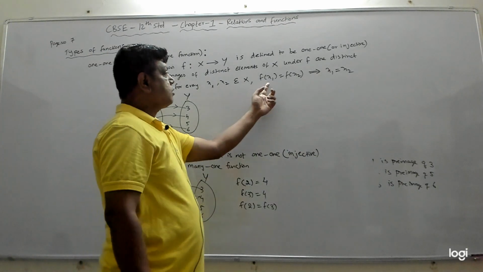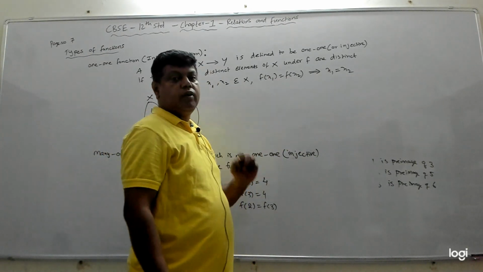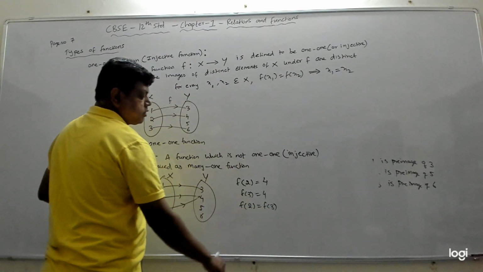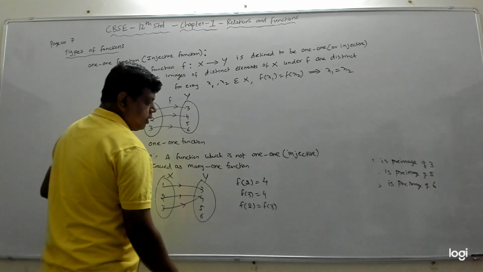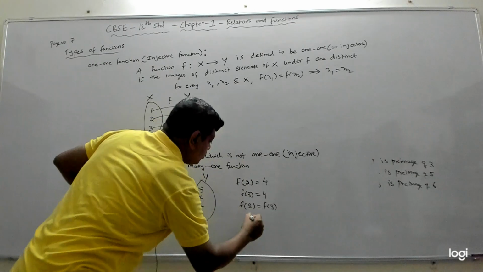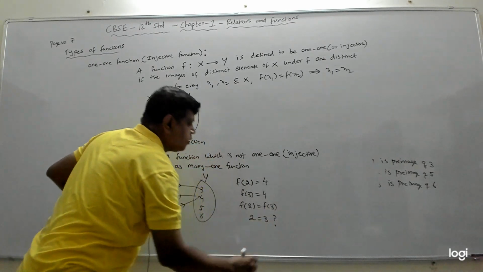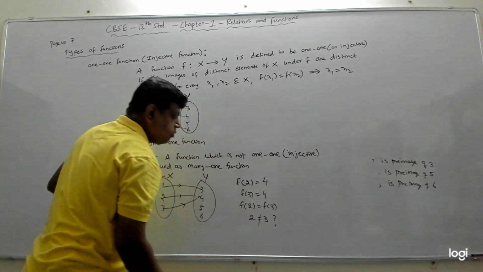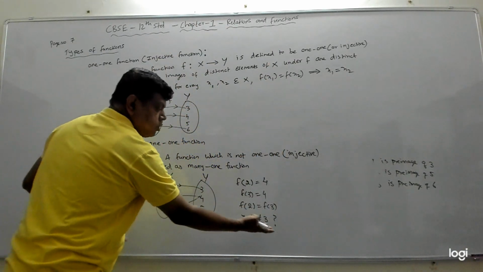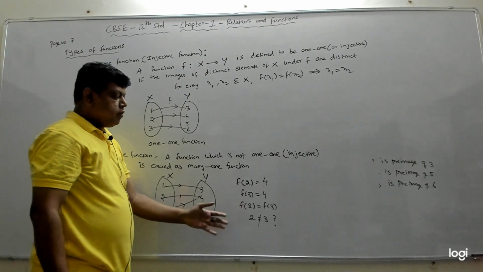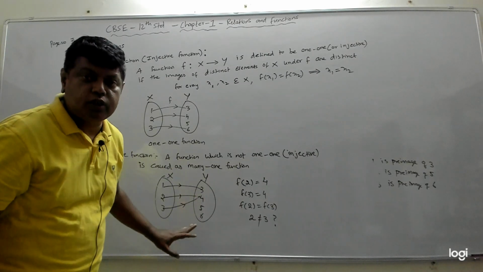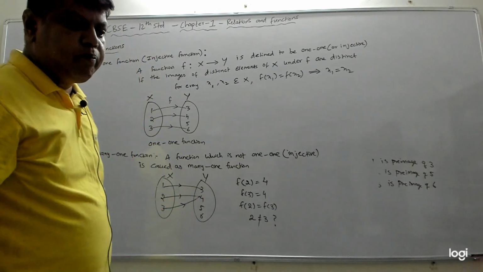So f of x1 equals f of x2, where x1 is 2 and x2 is 3. Does it mean that x1 equals x2, which means is 2 equal to 3? No, 2 is not equal to 3. But if 2 equaled 3, then it becomes one to one. But it is not. Therefore, this function is not a one to one function, and it is a many to one function.